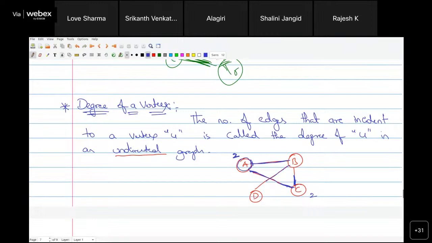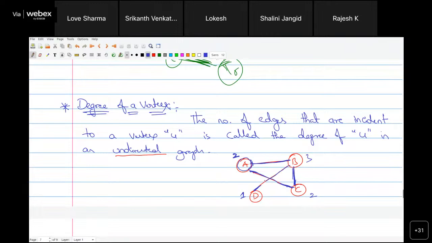So 3 edges are incident to vertex B. And D? 1. Simply 1. So degree of a vertex is very simple. You just have to count the number of edges incident to a particular vertex. That will be the degree of that vertex in an undirected graph.